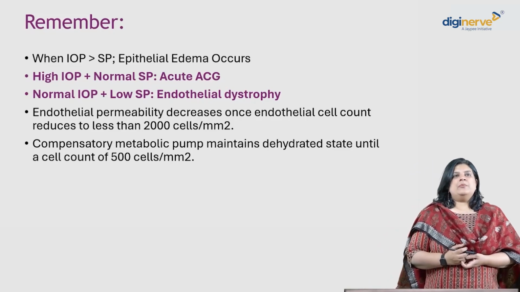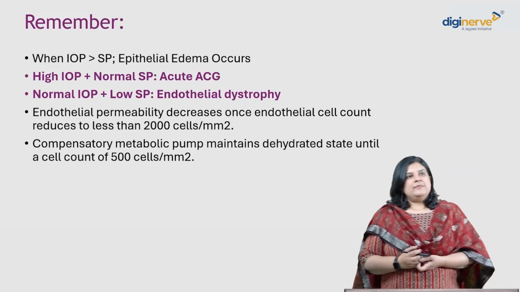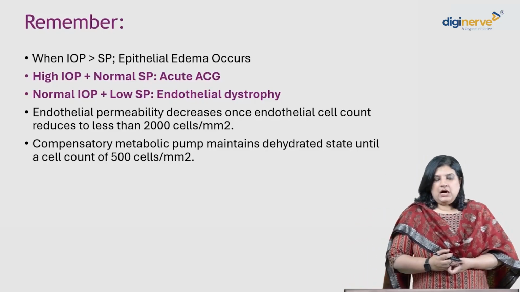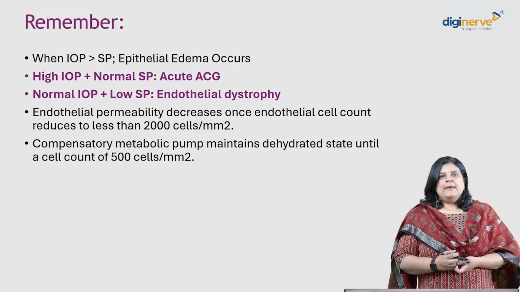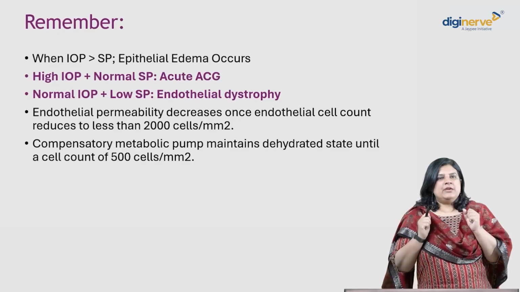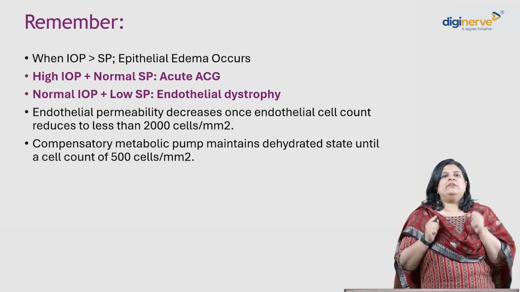Another thing to remember is that the endothelial permeability decreases once the endothelial cell count reduces to less than 2000 cells per millimeter square. Still, even after reducing to less than 2000, the metabolic pump mechanism will keep on working.